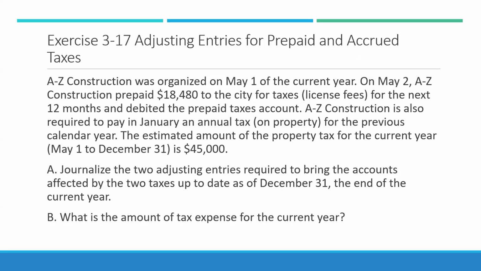AZ Construction is also required to pay in January an annual tax for the previous calendar year. The estimated amount on the property tax for the current year is $45,000. Journalize the two adjusting entries required to bring the accounts affected by the two taxes up to date as of December 31st at the end of the current year.